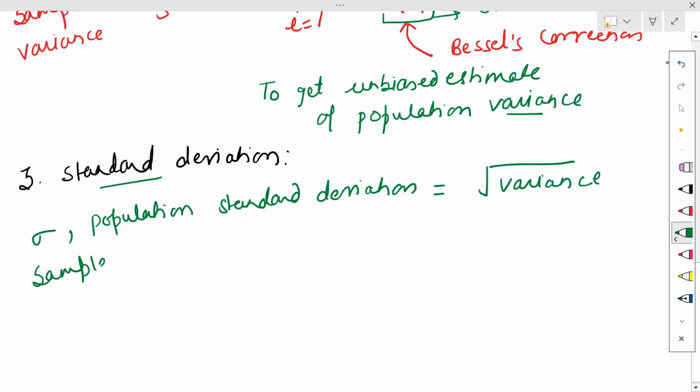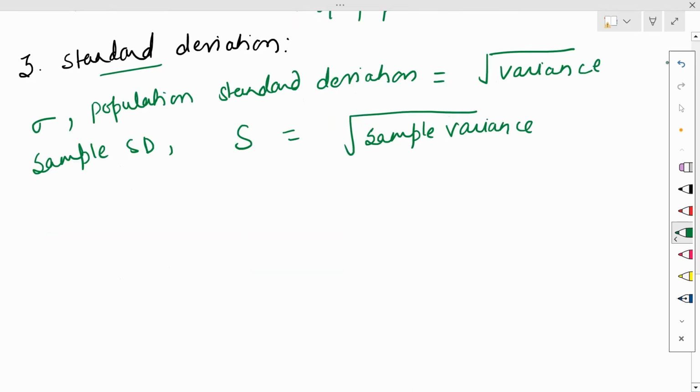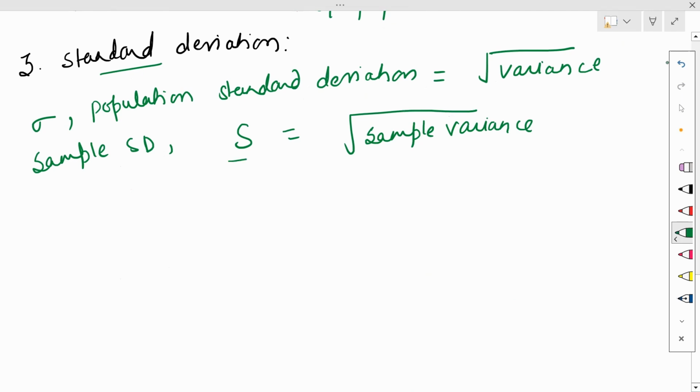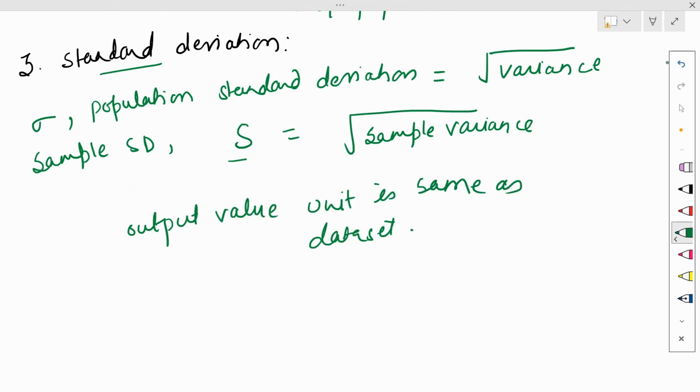Sample standard deviation is denoted by S and its formula is square root of sample variance. Now, since standard deviation is derived only from variance, why should we use that? Because in standard deviation, the output value is in the same unit as the dataset. And because of this, it's easier to interpret.